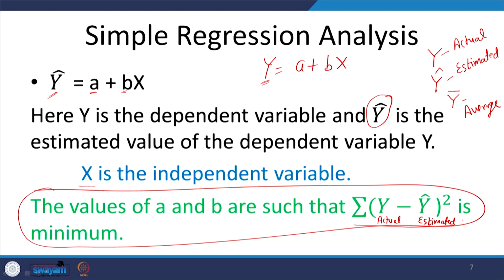For that purpose, this line is also known as the line of least square.